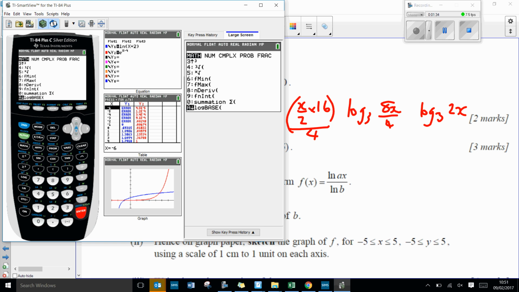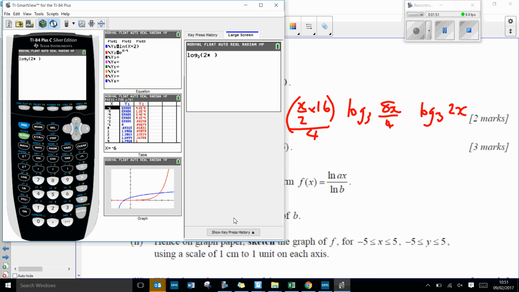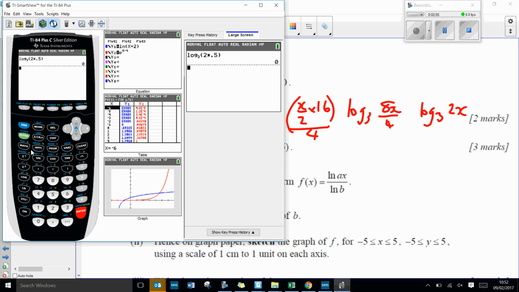Okay, so it's log base 3, and we've got 2 multiplied by 0.5, which is 0. And 2 multiplied by 4.5, which is 2.